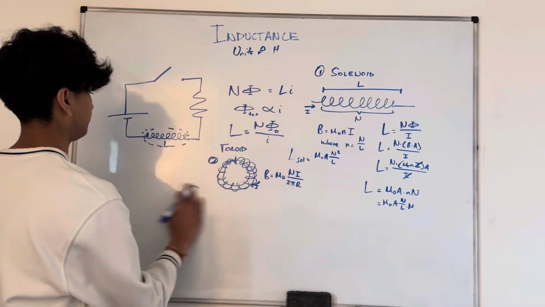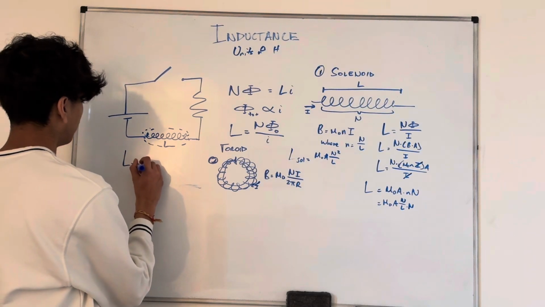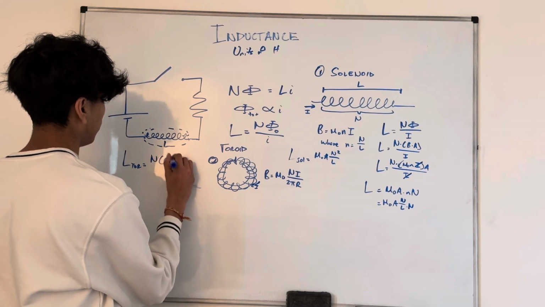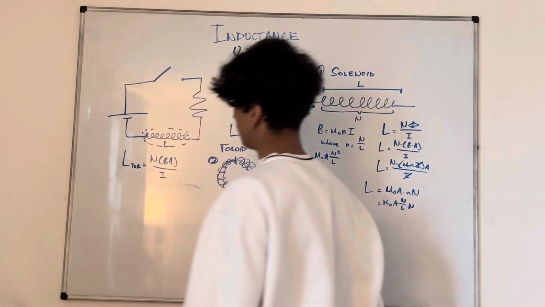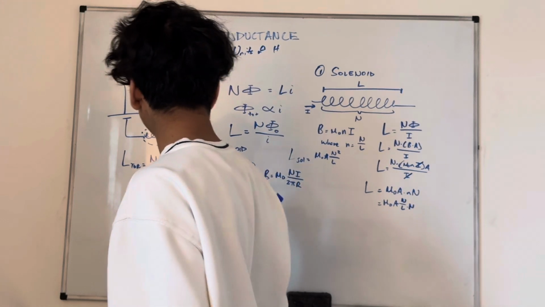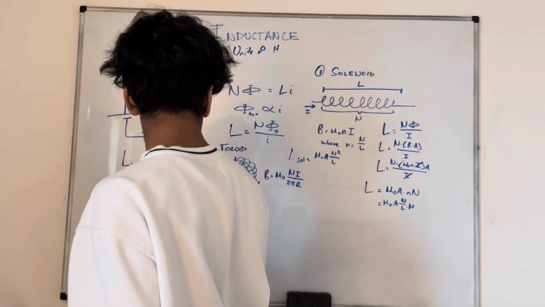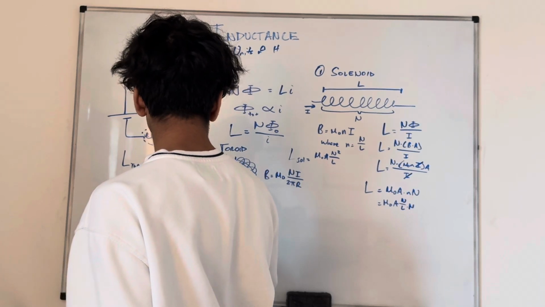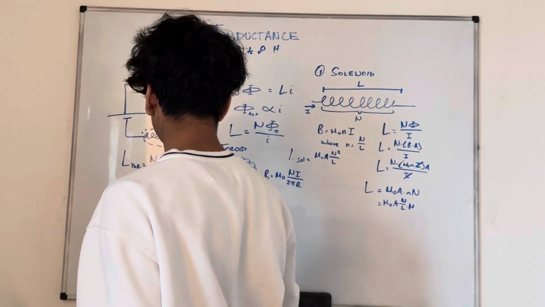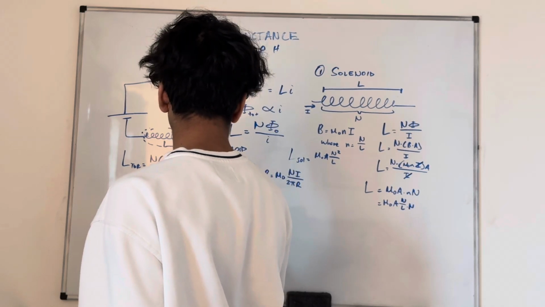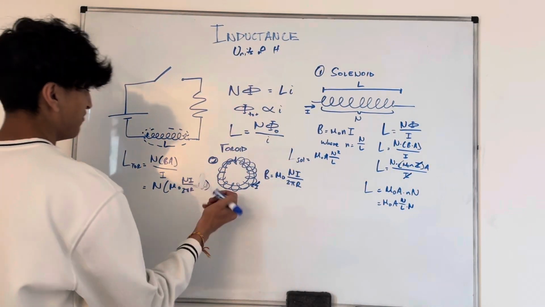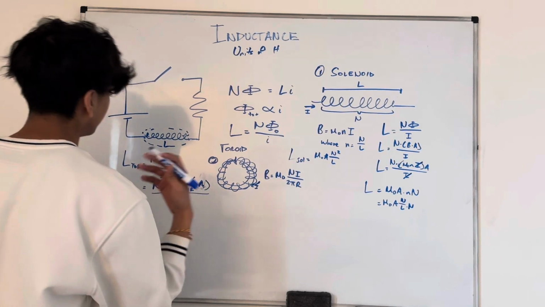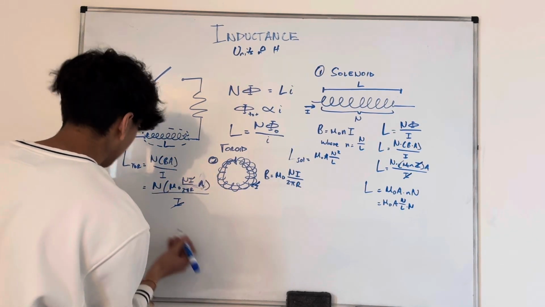The L due to a toroid is going to equal N times B A over I. So that's N times the magnetic field, mu naught N I over 2 pi R, times the area, over I. Hey, the I's dropped out again, because magnetic field and flux are proportional to I. Makes sense.